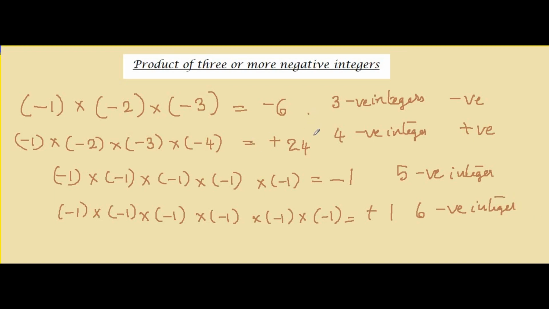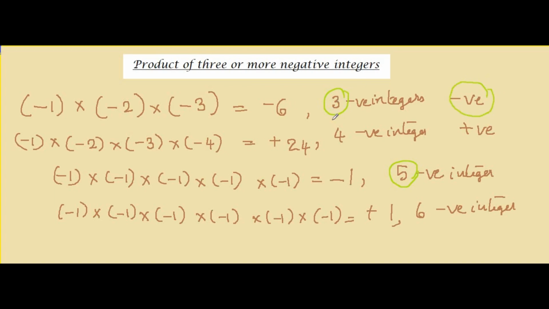So what do you understand from here? When you multiply an odd number of negative integers together, the answer will be negative.